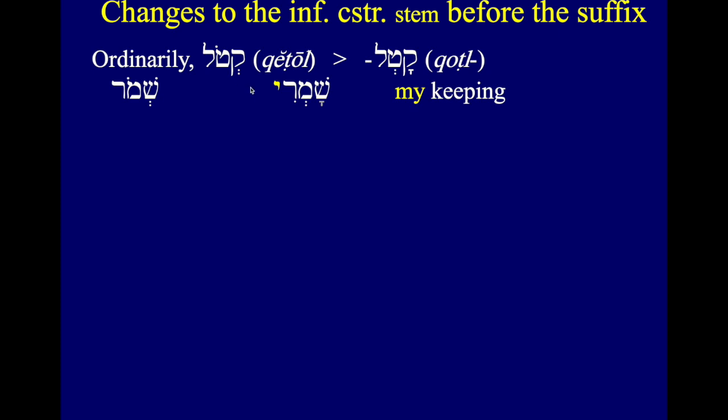If we add an ending to it, the hirek yod, then we're actually going to reduce this middle vowel. That's one of those rules. This long O class vowel gets reduced when we add the ending, but then we have two schwas in a row. So it ends up becoming a short O here. This is a kametz chatuf.